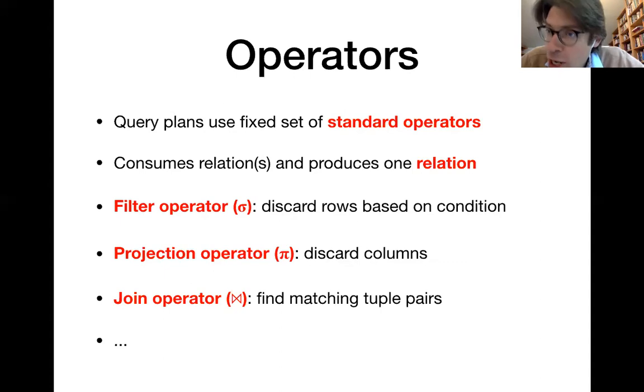Then we have the projection operator, and that one discards columns from a relation. And we have the join operator, which combines two relations by finding matching tuple pairs based on some condition, and so on. So this is some of the operators that we will be considering.